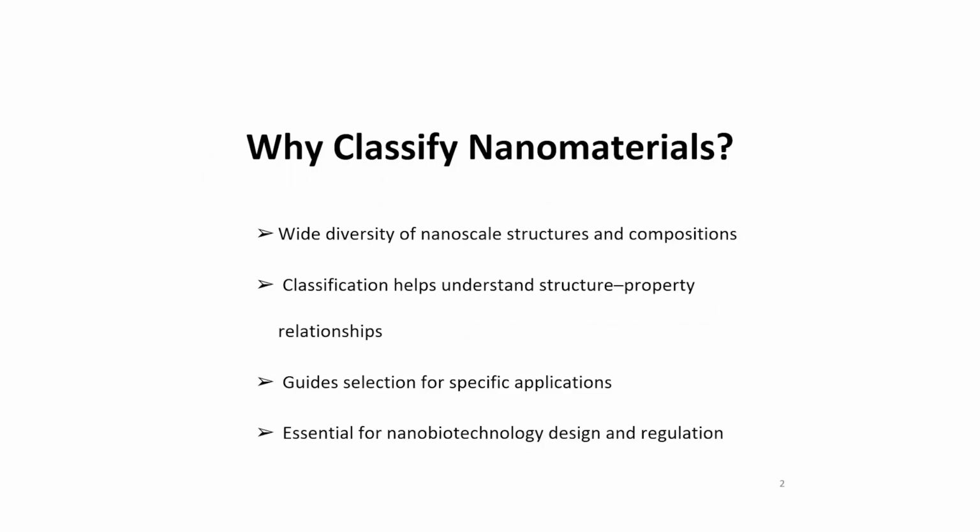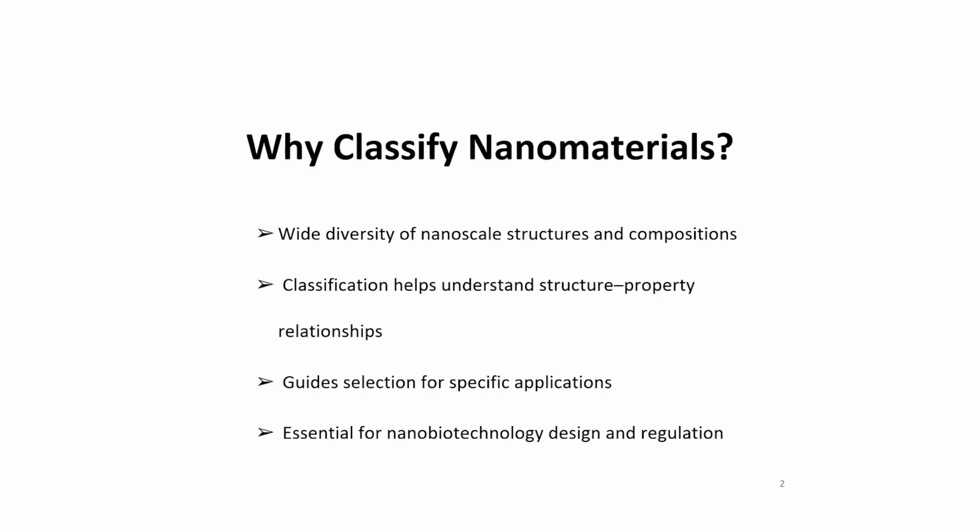So, why do we need to classify nanomaterials? Why is it important to have a proper classification for nanomaterials? There is a wide variety of nanoscale structures and compositions all around. As I have already told you, you have been using different synthesizing techniques to obtain different shapes and sizes. Nanomaterials have a wide diversity of structures, compositions and properties as well.